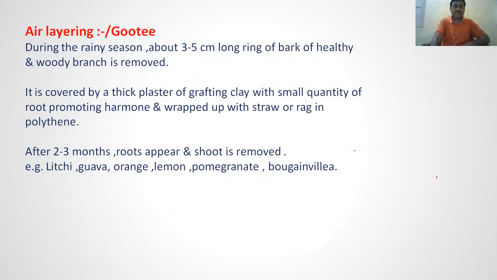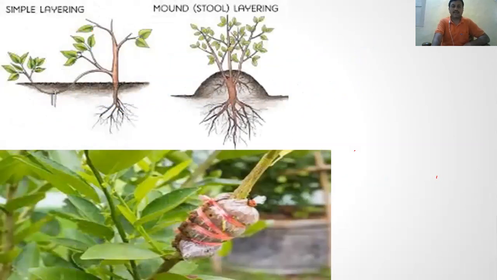Like this. The air layering is also known as gootee. Okay, these diagrams. Now this is the part of artificial vegetative reproduction. It is a man-made technique.